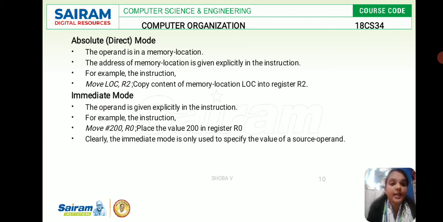Here is an example: Move A, R2, which copies the content of the memory location into the register R2. And immediate mode is explicitly defined. Here is an example: we are going to place the value 200 in register R0, and clearly this is only used to specify the value of the source operand, not the destination operand.